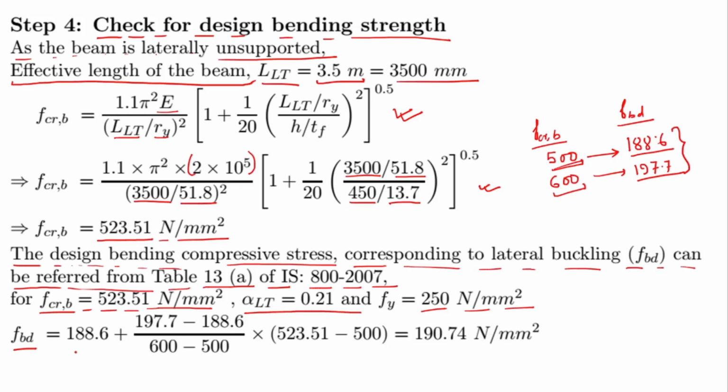Therefore, fbd is equal to 188.6 plus the difference between 197.7 and 188.6, divided by the difference between 600 and 500, multiplied by the difference 523.51 minus 500, which is equal to 190.74 Newton per mm square. This is the value of design bending compressive stress fbd.